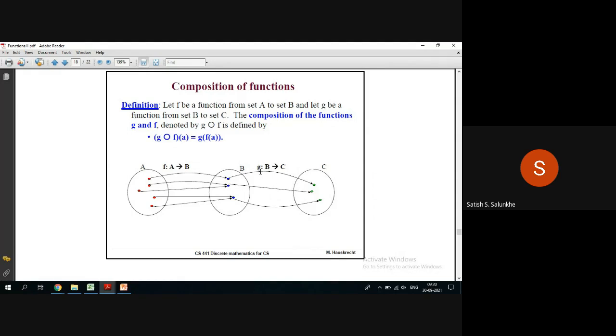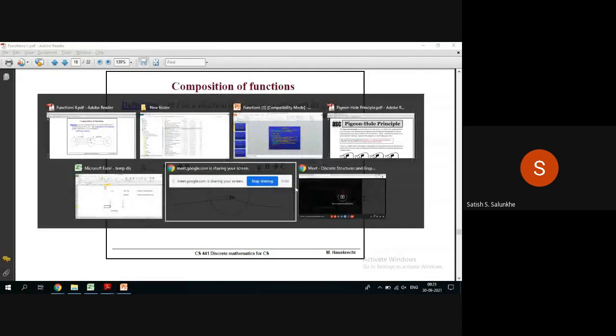Now with the help of f and g, you try to identify which element of set A is mapped to which element in set C. So this operation is composition of function, and this is what we already discussed in the composition of relation also.